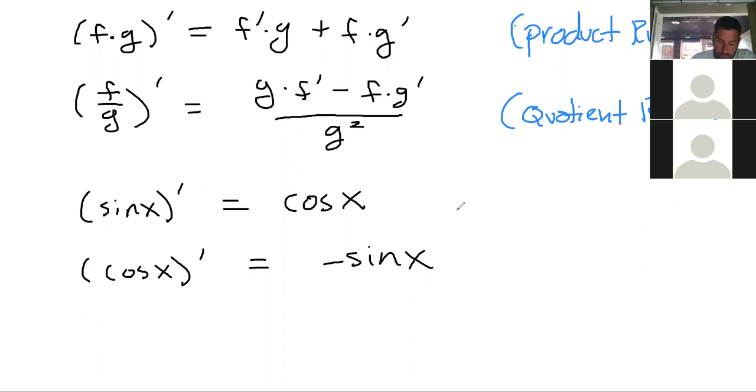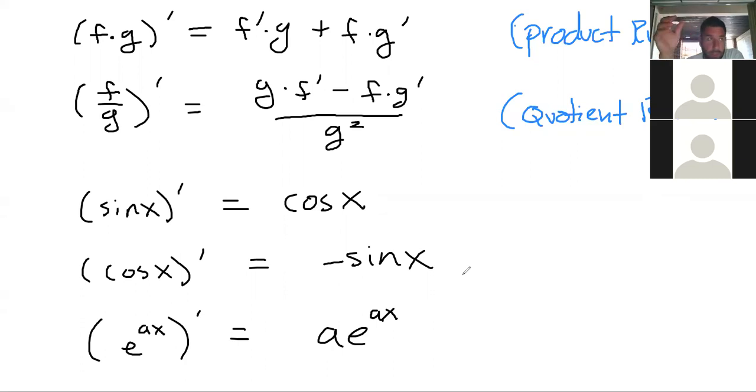We also mentioned a very important rule about the exponential function: the derivative of e to the a x is a times e to the a x. These are five very important formulas that you should have memorized, and hopefully you already do.